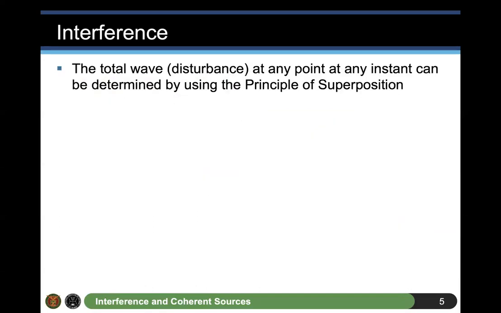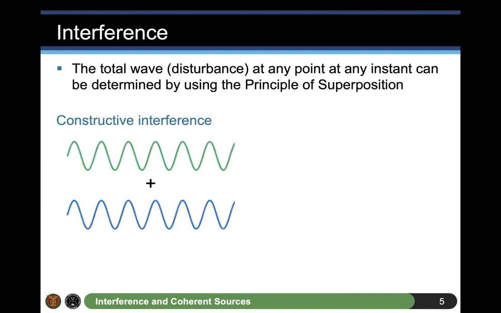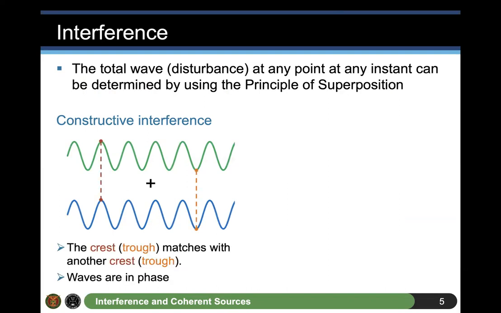So, the total wave disturbance at any point and at any instant in time can be determined by using the principle of superposition. Okay. So for example, we have here two waves. To produce a constructive interference, we line them up with each other, where they start.